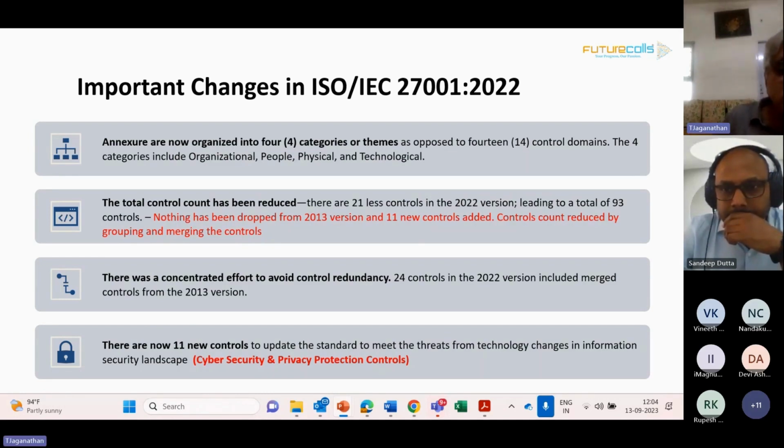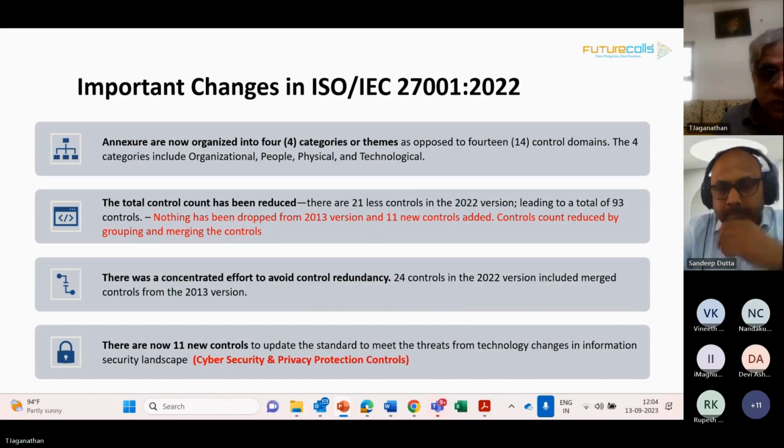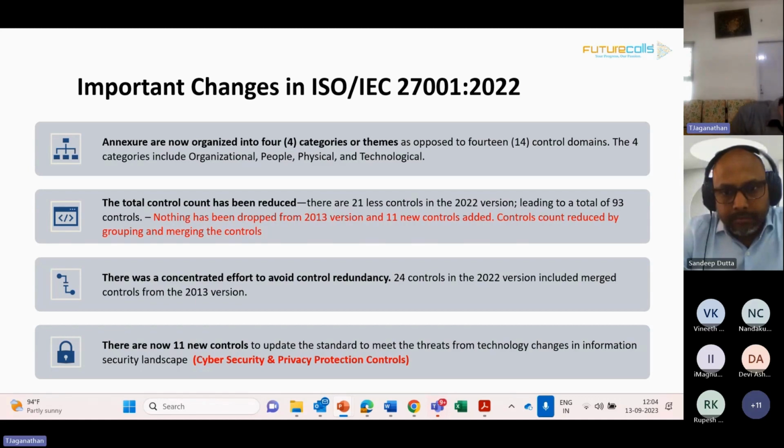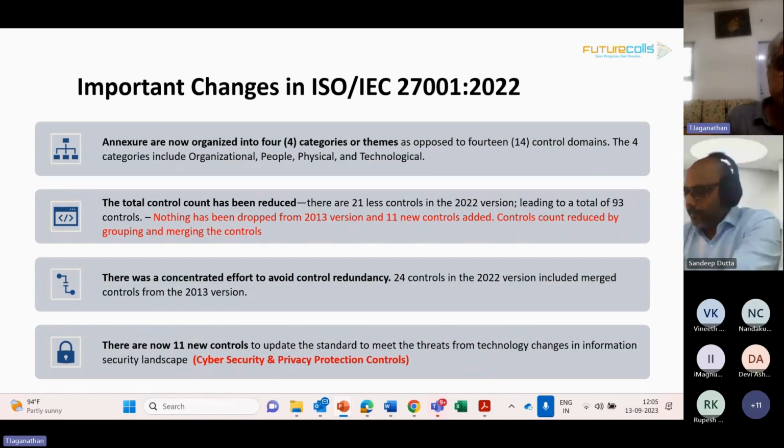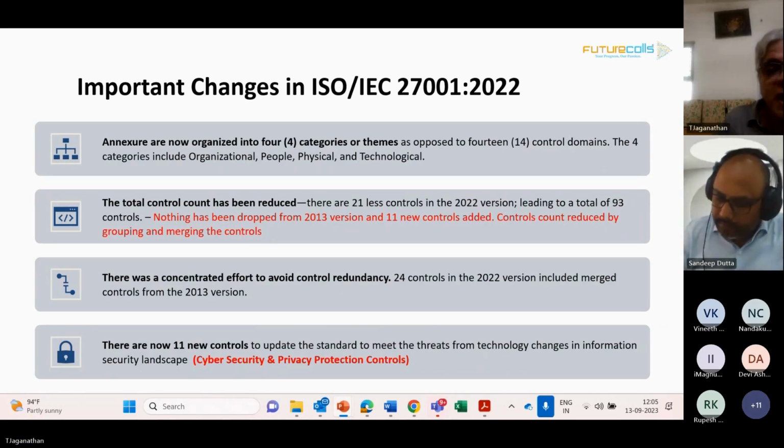That's all, just the categories, not the domains. I have seen this is very much aligned to something like HIPAA. Those of you who know HIPAA, it is also aligned like organizational safeguards, people safeguards, physical safeguards, and technical safeguards. So it is more or less aligned to the international categorization of controls.